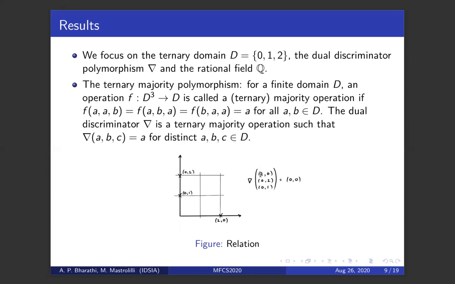So along the first coordinate, we have the majority to be 0. And along the second, we have 3 distinct inputs. So the dual discriminator chooses the first, which is 0. So if nabla is a polymorphism of this relation, then it has to contain the tuple 0, 0 as well.